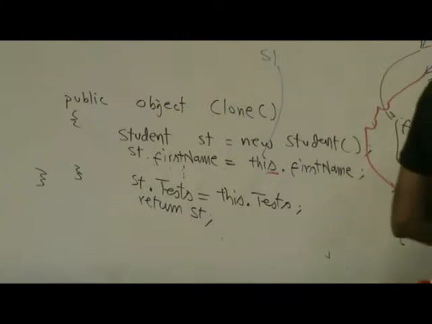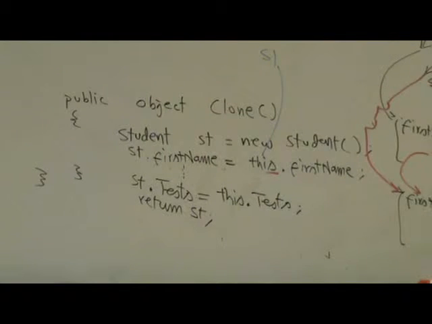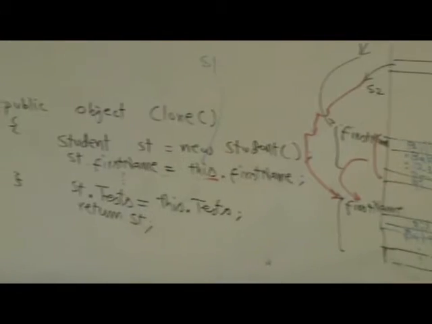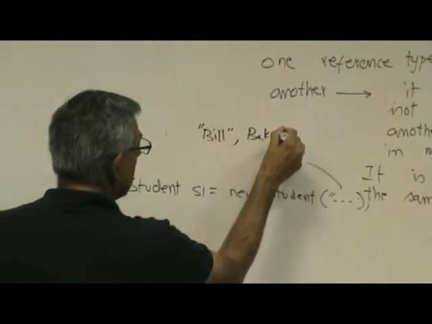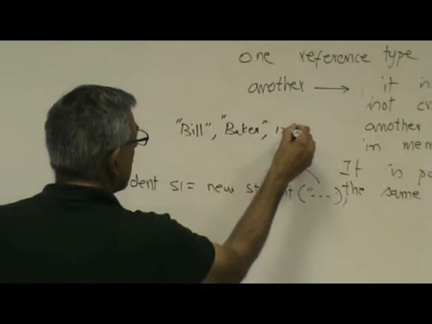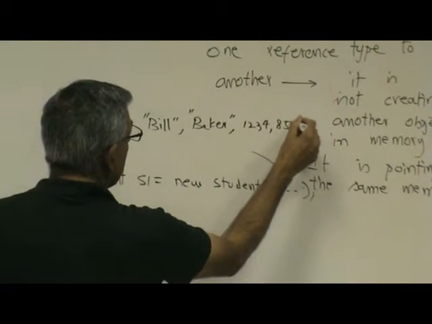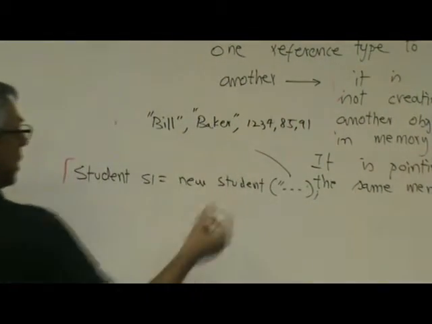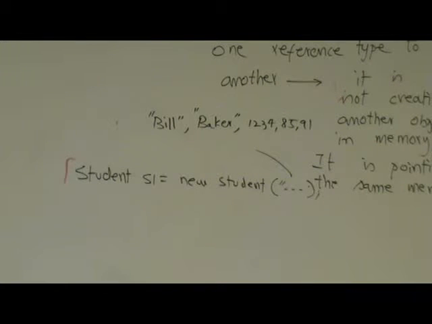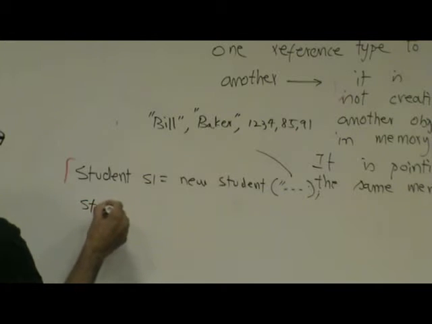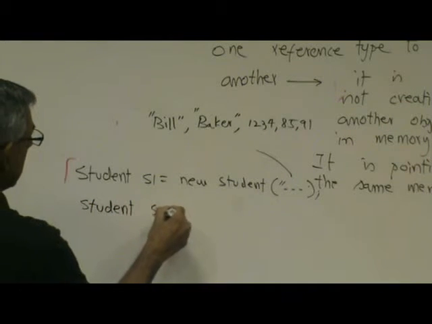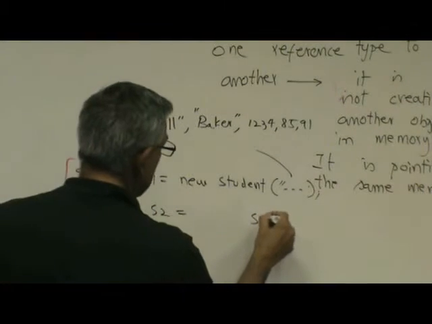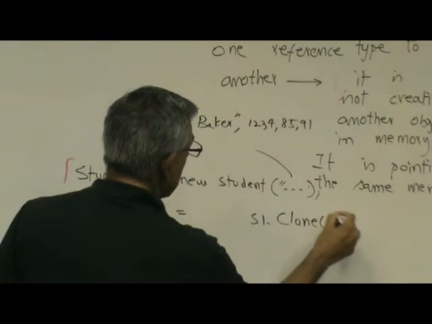Okay, so suppose we did something like this. And again, let me pretend we initialized it to Bill Baker 1, 2, 3, 4, 85, 91. So this was our initialization via the constructor, right? Okay, then we do student S2 equal to S1 dot clone.